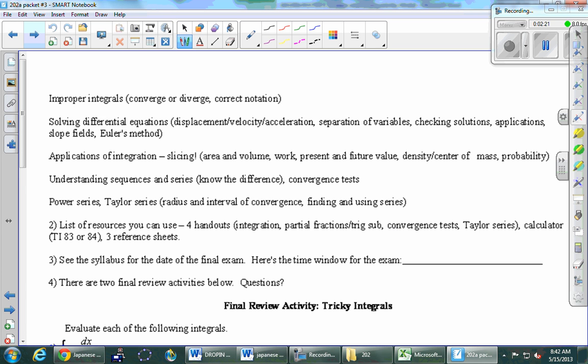Okay, solving differential equations. This was our very recent stuff. We did talk a while back about displacement, velocity, and acceleration. There was a test question or a quiz question where we were on the moon maybe, and the acceleration due to gravity was like negative 1.6 meters per second squared, and we tossed the ball up, and then you had to derive the formula for the height of this ball as it goes up and then comes back down.